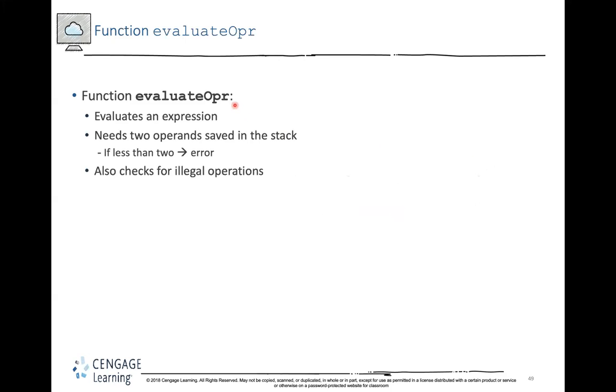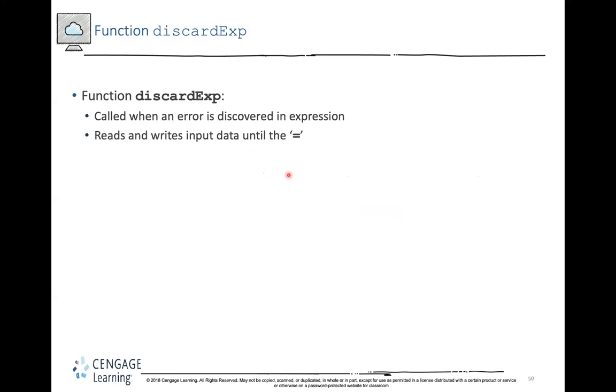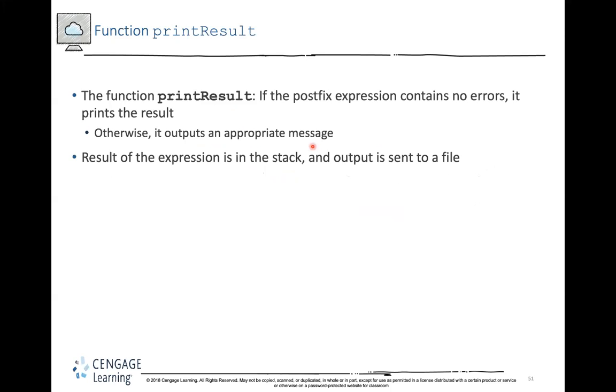Evaluating the operator is where we do the calculation with the operands, and then handle error conditions. If there's an error, we want to discard the rest of the expression. So we discard all the characters until we see the equal sign, and we're done with this particular expression. Print the result is essentially just to print out the eventual result if there's no error. Otherwise, we'll show an error message.